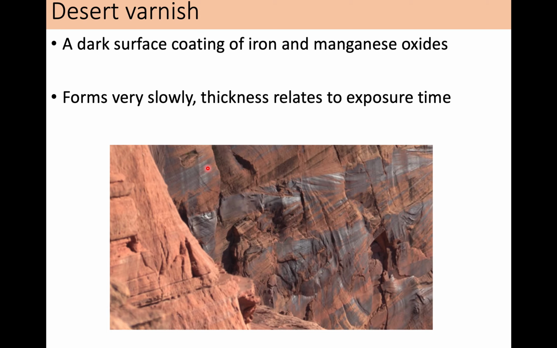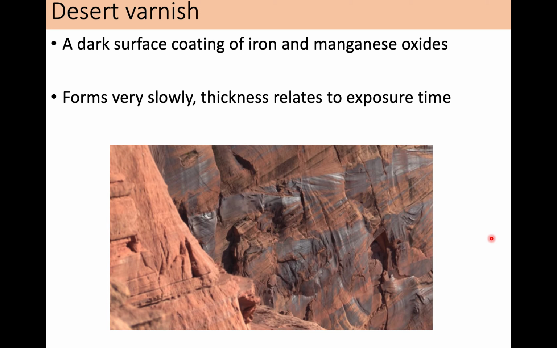So this is really the only chemical reaction that happens. It's being oxidized. So for example, you could guess that this area of rock that is covered in this desert varnish has been exposed to the elements much longer than this part of rock right here, closer in the image, which has no desert varnish.